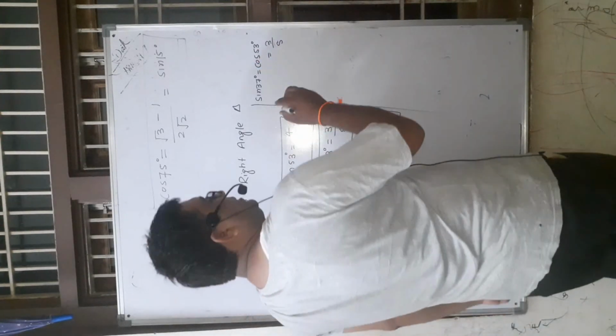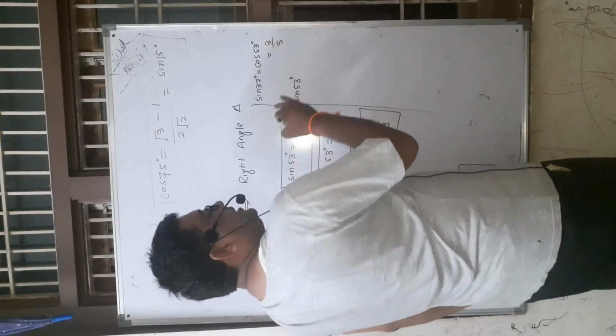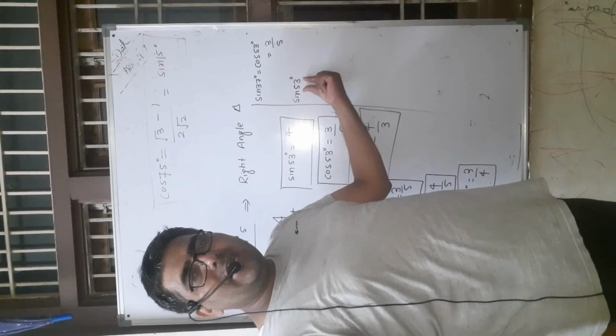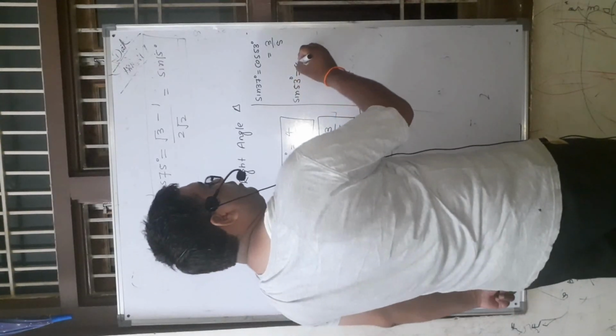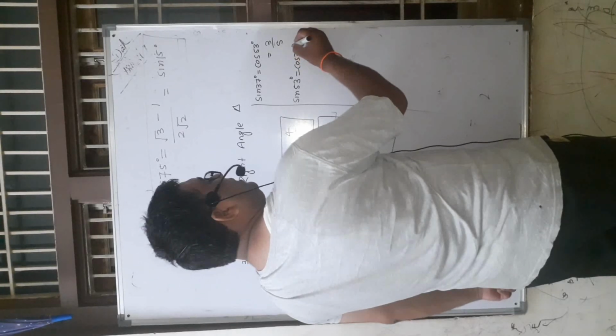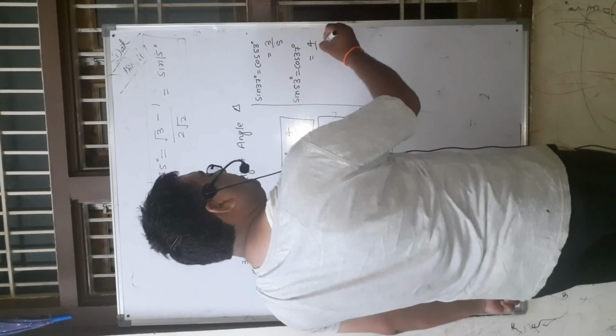So you remember this method. Now if we calculate sine 53 degree, larger the angle, larger the value. The larger value is 4/5, equal to cos 37 degree. In cos, smaller the angle, larger the value, which is equal to 4/5.